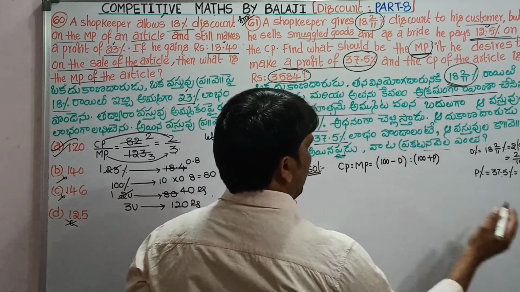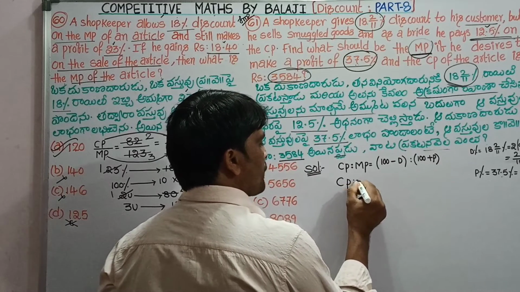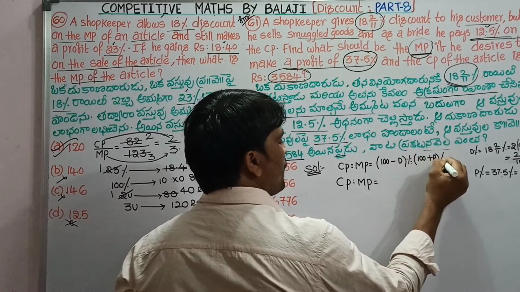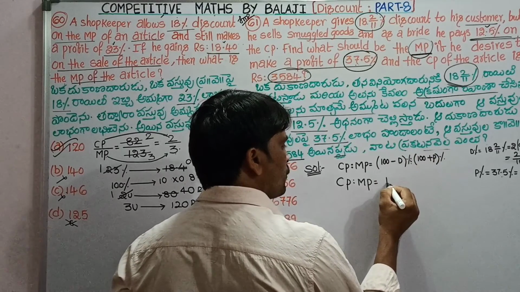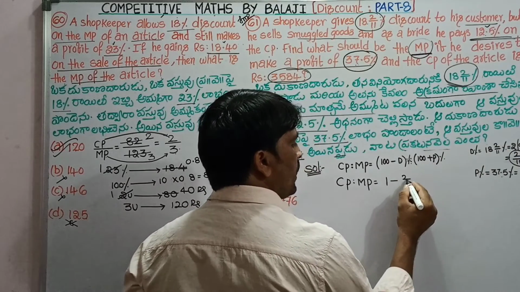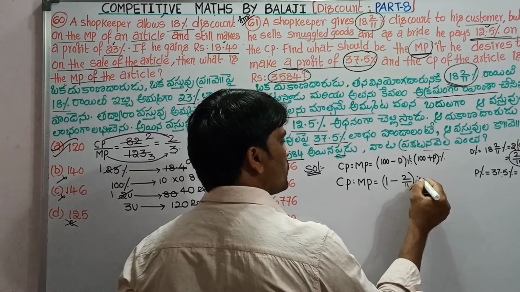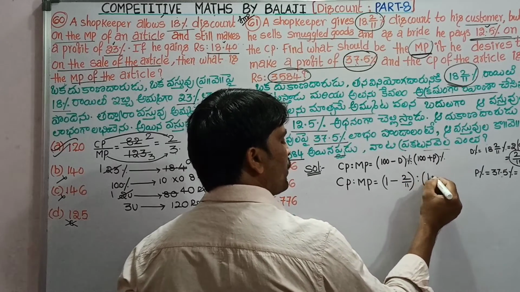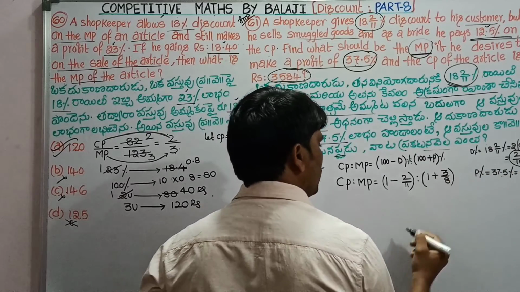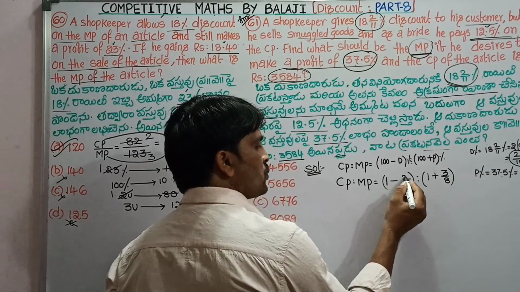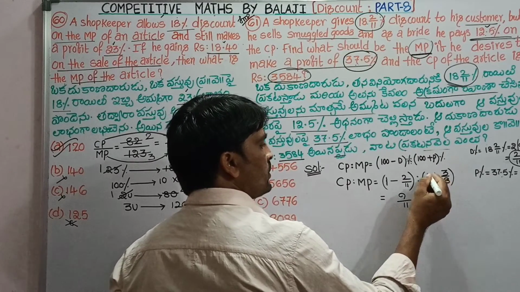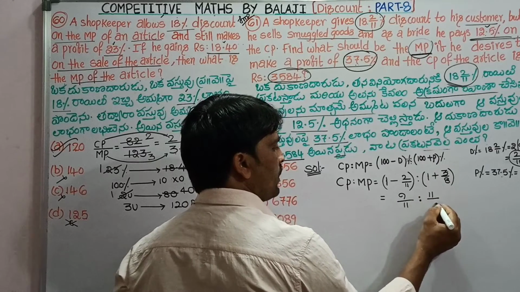Therefore, cost price to market price: 100% can be written as 1 unit minus the discount percent, 2 by 11 units, is 100%, nothing but 1 unit plus the profit percentage, equal to 3 by 8 units. 11 ones are 11 minus 2, 9 by 11. 8 ones are 8 plus 3, 11 by 8.